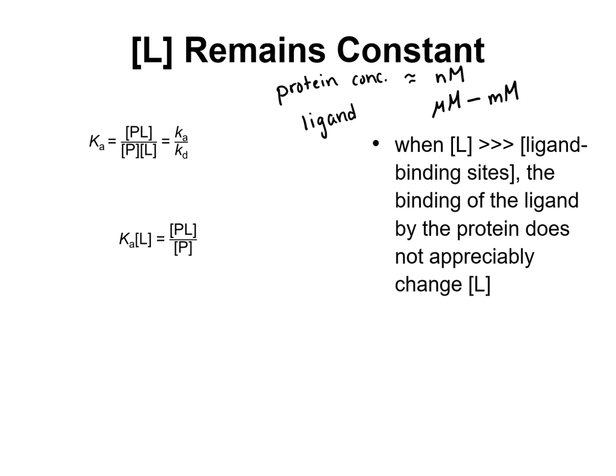So when we say that the concentration of ligand is much greater than the number of binding sites, number of binding sites is like saying the amount of protein that you have, but sometimes you can have more than one binding site on a protein for a ligand. That's for another day. But what we're saying here is that if you have a really big concentration of ligand, the protein binding some of that ligand up is not going to change the concentration of the ligand.